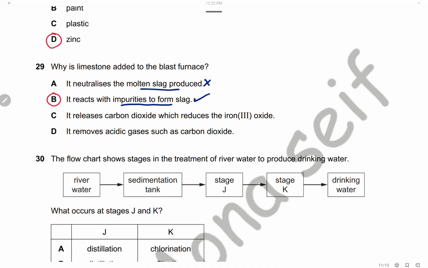Limestone first decomposes to form calcium oxide, then calcium oxide reacts with the impurities, which is silicon dioxide, to form the slag, which is calcium silicate. This is the equation for the formation of slag, which is the role of the limestone in the blast furnace. So the answer is B.